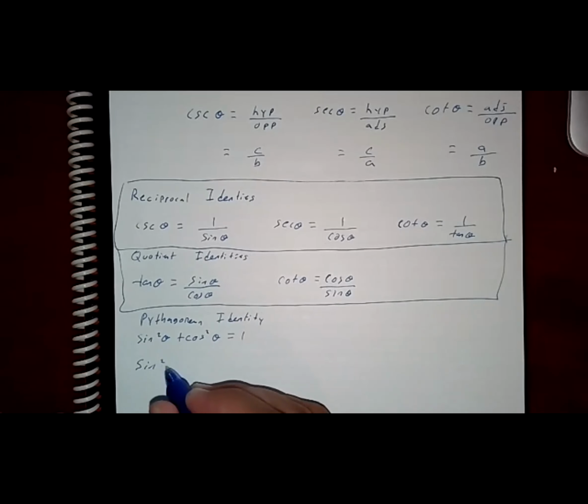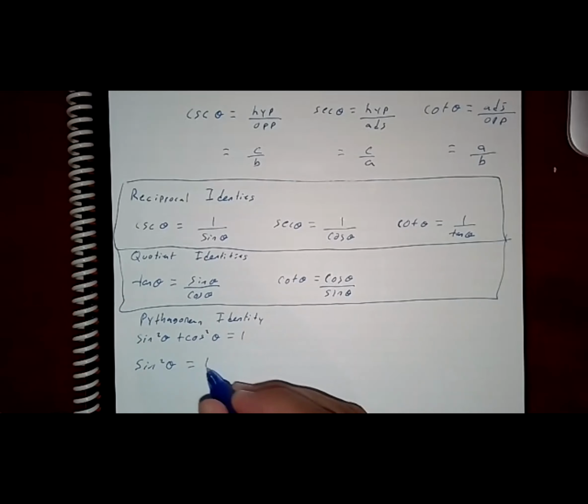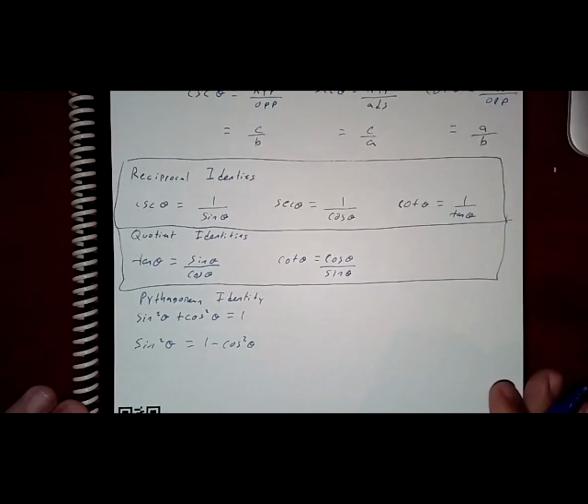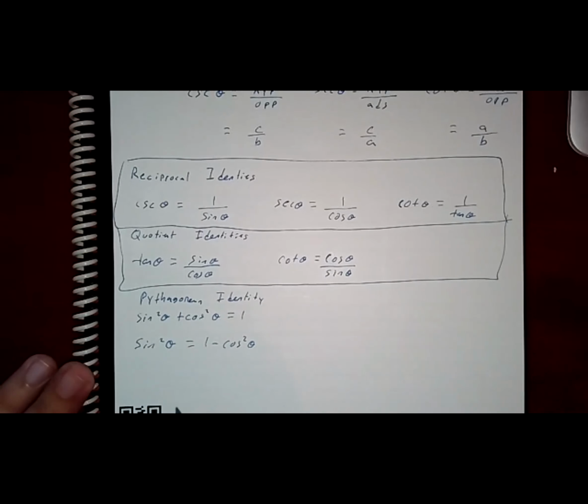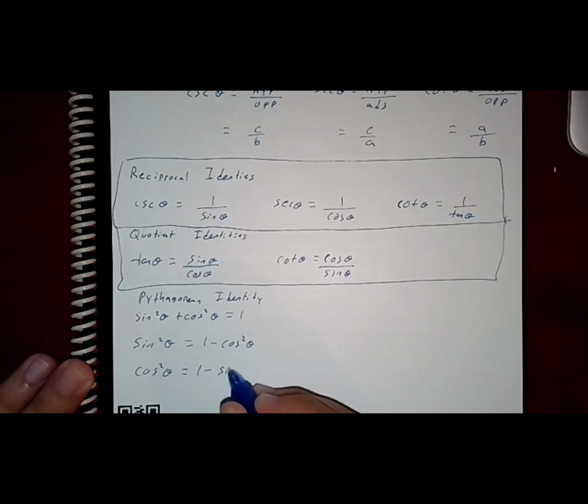Sine squared theta is equal to 1 minus cosine squared theta. Do you see where that came from?